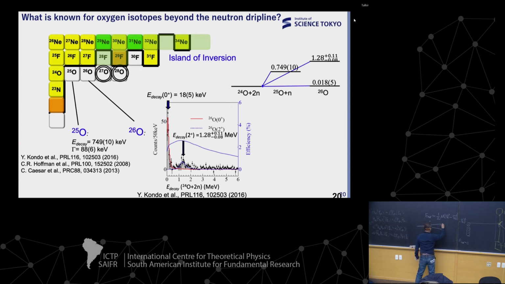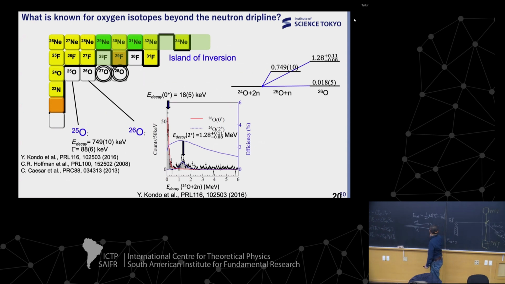If you imagine 2 neutrons are like this, the relative energy is between the 2 neutrons, but of course you have the third one, but whatever. The point is that 18 keV means this distance should be very small, meaning that the opening angle is also very small. So the neutrons are coming almost in the same direction, right?